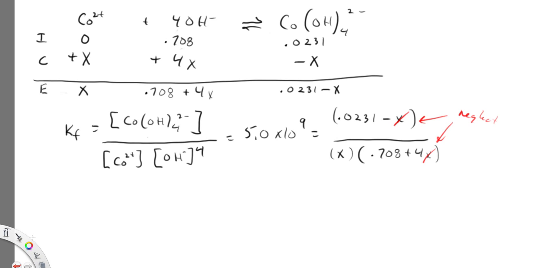And so x, which is cobalt, is going to equal 0.0231 over 0.708, and also on the bottom 5.0 times 10 to the 9th.